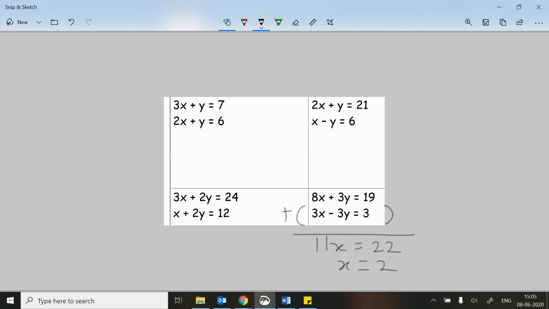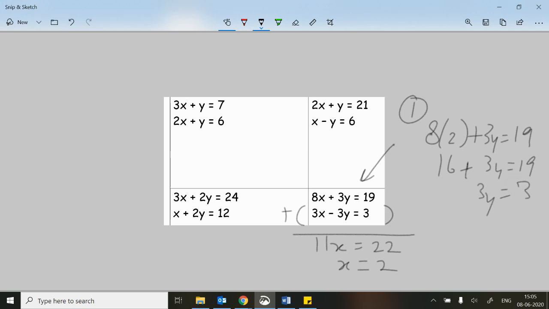And then we can substitute into either one of those equations. Maybe I'll choose the first one. So I'll have 8 times 2 plus 3y equals 19. So now I've got 16 plus 3y is 19. Take away the 16, and I'll get 3y is equal to 3, and then y is equal to 1 when I divide by 3.